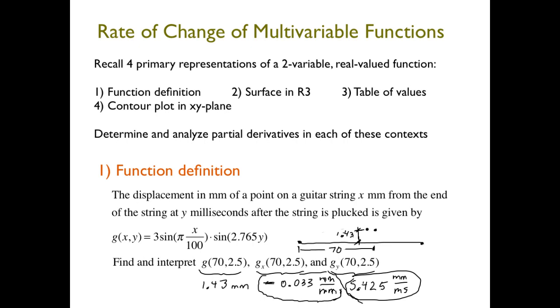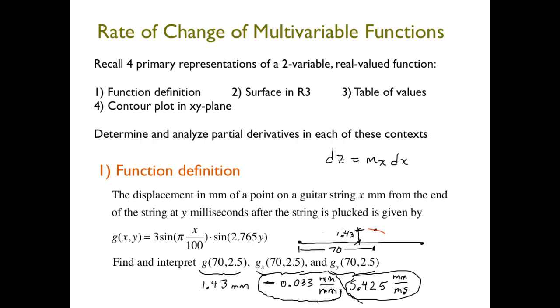Going down, right? At that moment in time, so the string is like this. And so given a little change in x this way, how far down the string would be negative 0.033 times that change in x down the string. Remember, dz equals mx dx.